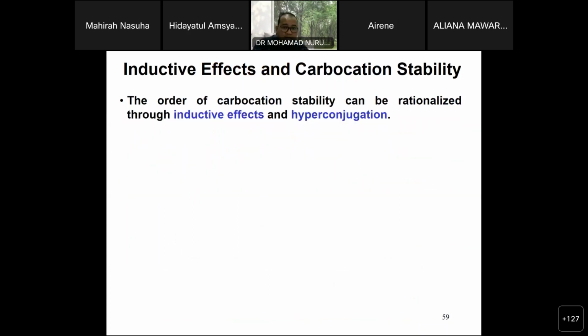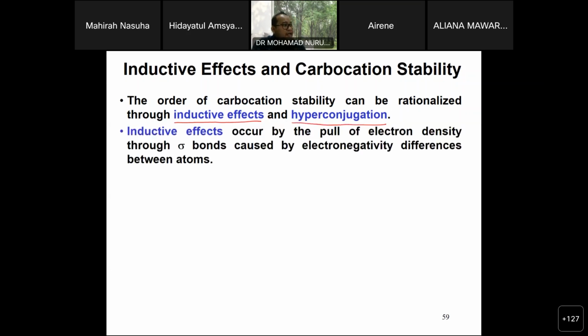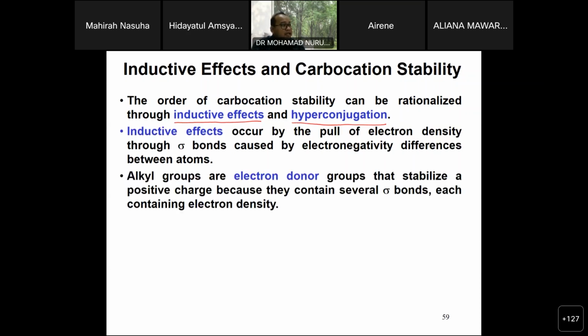So for the inductive effect and carbocation stability, the order of carbocation stability can be rationalized through the inductive effect and hyperconjugation. The inductive effect occurs by the pull of electron density through the sigma bond caused by electronegativity difference between atoms, and alkyl groups are electron donor groups that stabilize a charge because they contain several sigma bonds, each containing electron density.